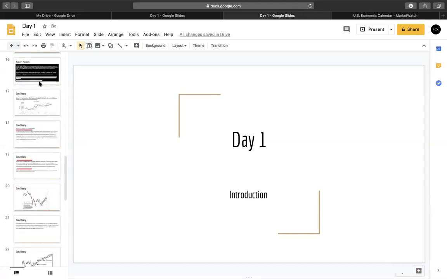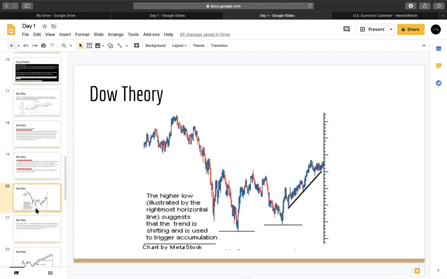How many of you didn't even know what Dow theory was? But now that you know it, you're like, oh my gosh, it's actually essential. Everyone goes on YouTube to look at patterns, strategies, candlesticks, this and that, but they don't even take the time to learn this, right? Which makes sense.